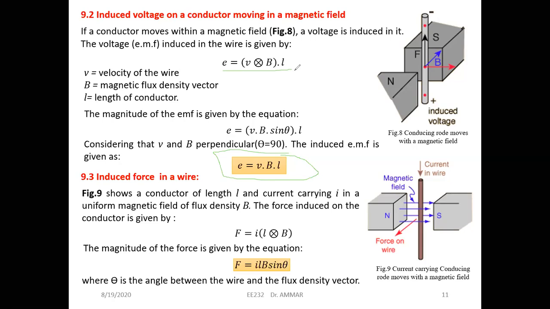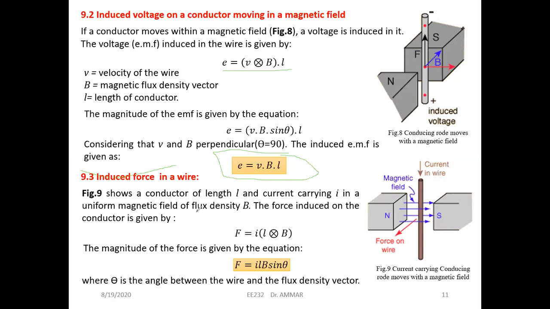The third point is the vice versa of the second case. Here, we have an induced force. This expression is for motors, not for generators.